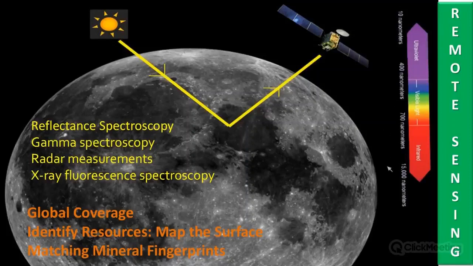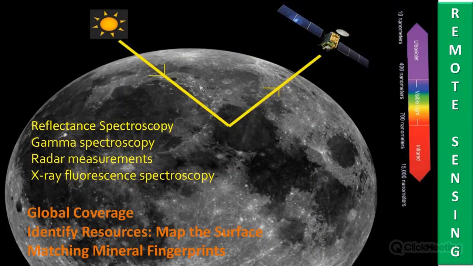So you select your instruments based on your scientific objectives. In general, these are the measurements which I have listed here: reflectance spectroscopy, gamma ray spectroscopy, radar measurements, and X-ray fluorescence spectroscopy. These are the measurements which give us information about surface chemical composition, which is very important to understand the overall planetary body evolution.